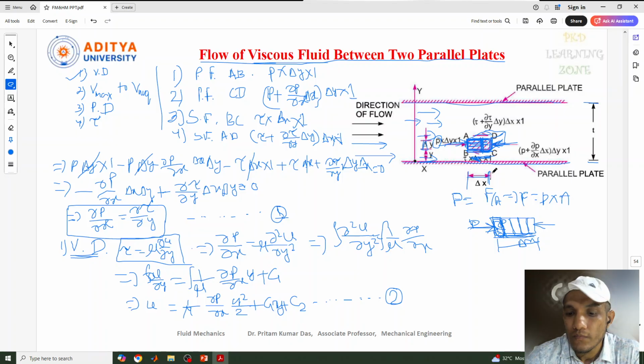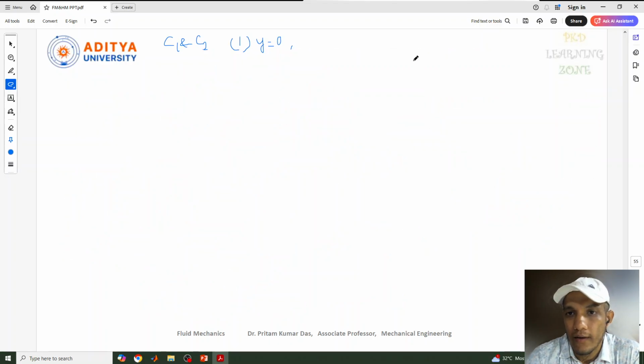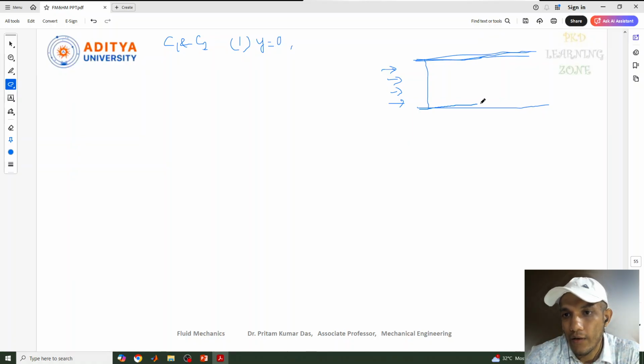You can see, for this I'll draw one diagram, velocity profile I'll draw. Here if you see, as the liquid is flowing through this parallel plate, we can see at this surface of this boundary there is no movement of the fluid, or the fluid movement is very negligible due to the viscosity of the fluid, and due to that there is a friction also there, and due to that the velocity at this boundary point will be considered 0.